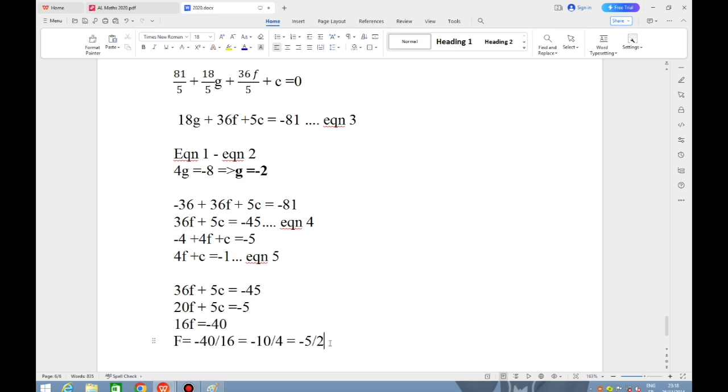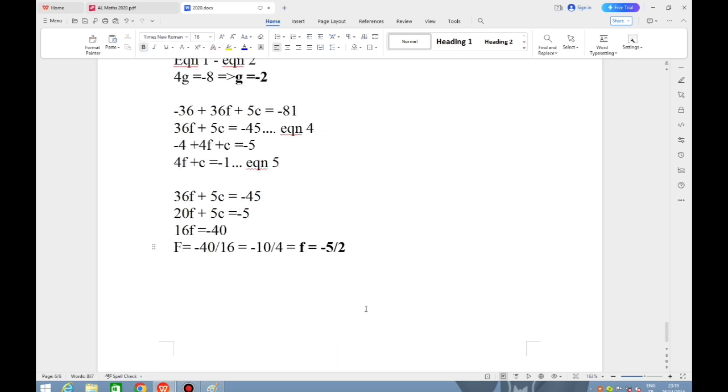This is the value of F. Now we substitute the value of F into equation 5.